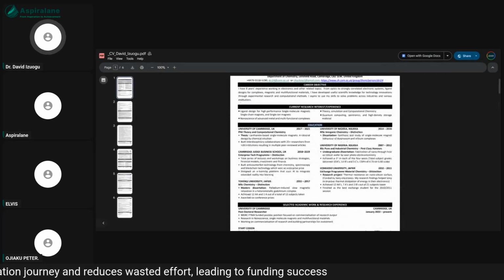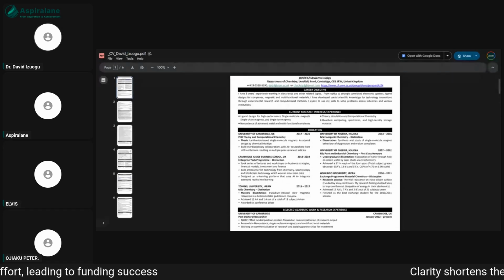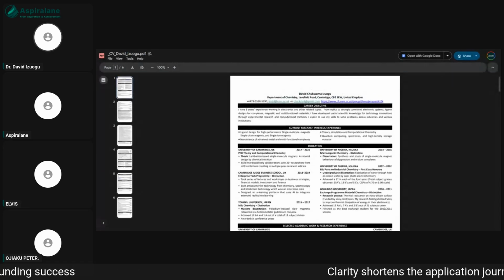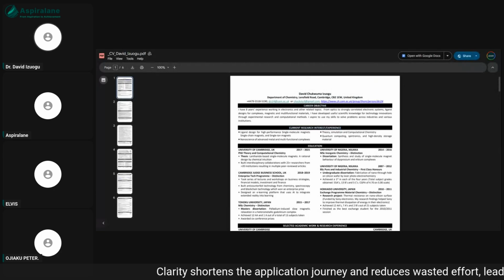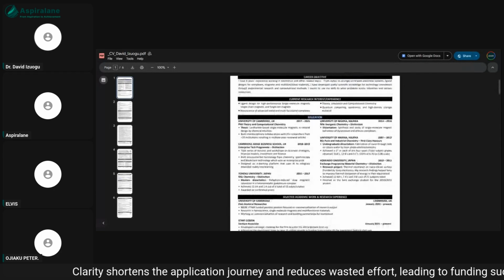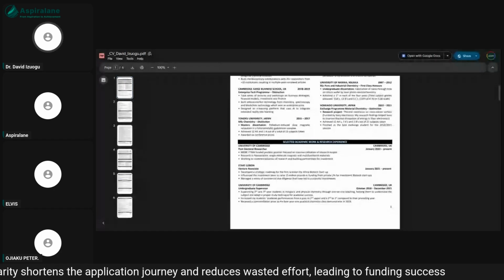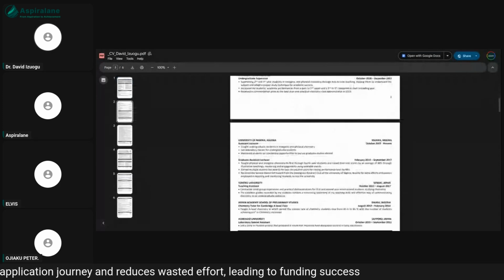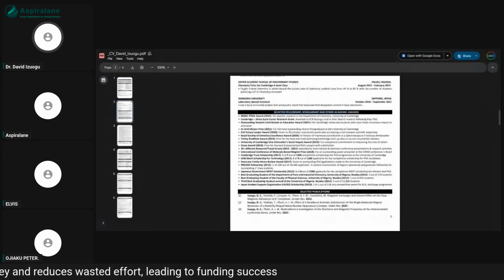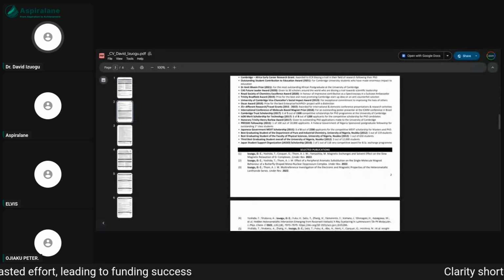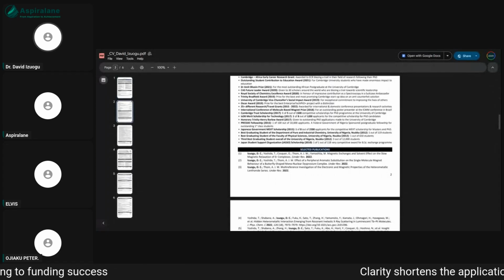So there is no one size fits all, but just be consistent with what you are doing. You can see that here, my career objective, current research and interest, education, and if you go down, selected academic work experience, selected fellowship, scholarship, and other academic awards, selected publications.